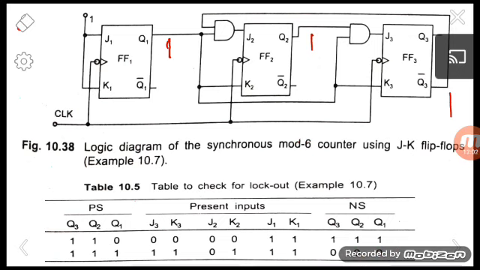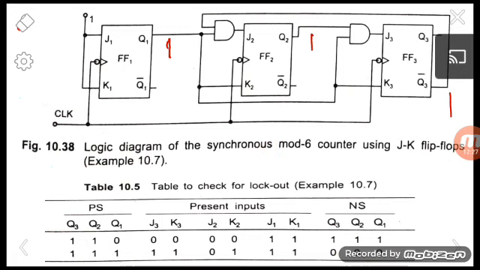Which means, when any invalid state comes, for example if the invalid state 110 comes, after the first clock pulse it will move to 111, and after the next clock pulse it will move to 0 0 0. So naturally, if you are applying a clock pulse, our counter will restart from 0 0 0.